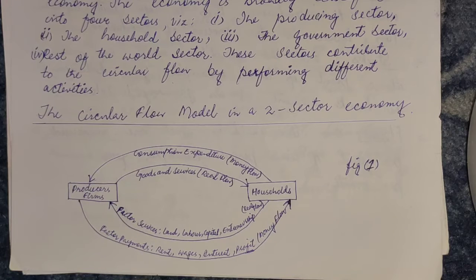In this simple economy, the circular flow model will be like this. See, the circular flow model in two sector economy, the producer, firm, and household.